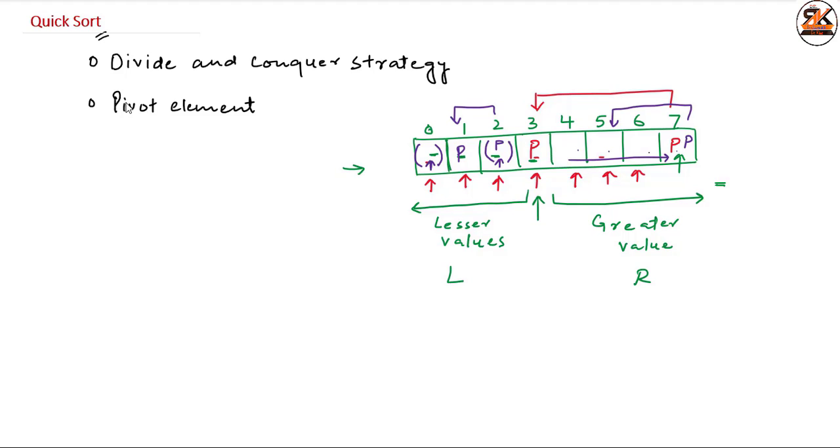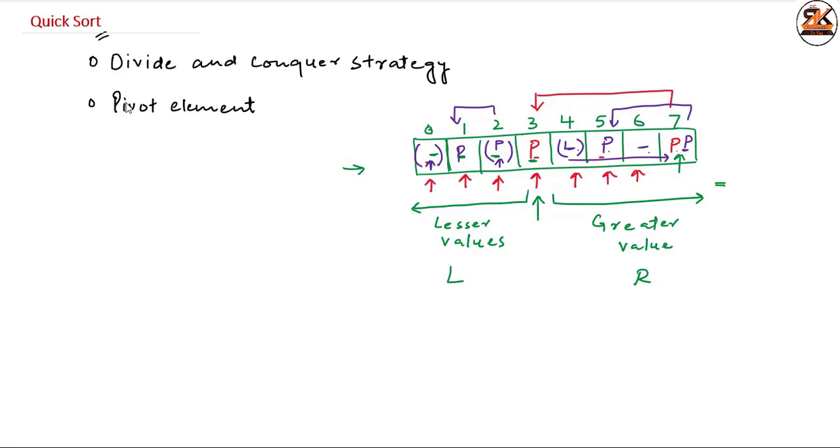Okay. And what we see here, when this pivot element comes here, we see in this left sublist having only one element, and in the right sublist we have two elements, that is at index 6 and at index 7.